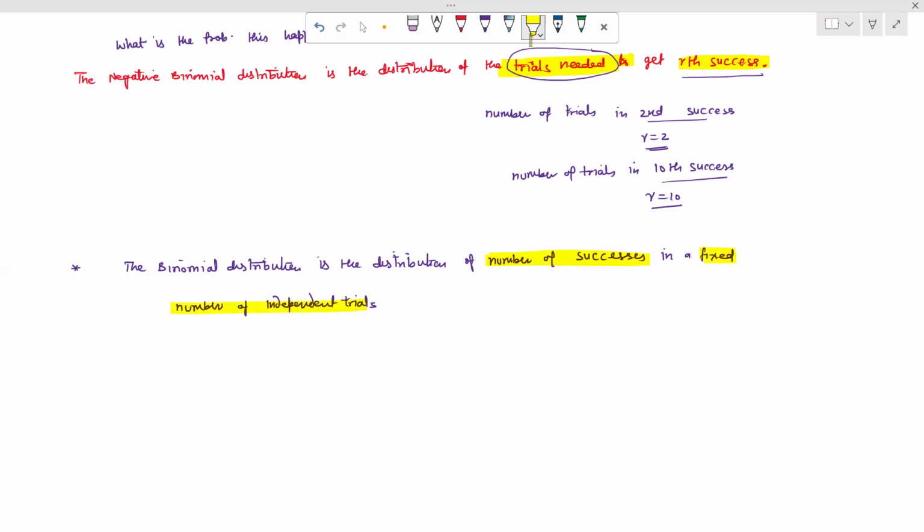So here trials are fixed, but the number of successes is not fixed.